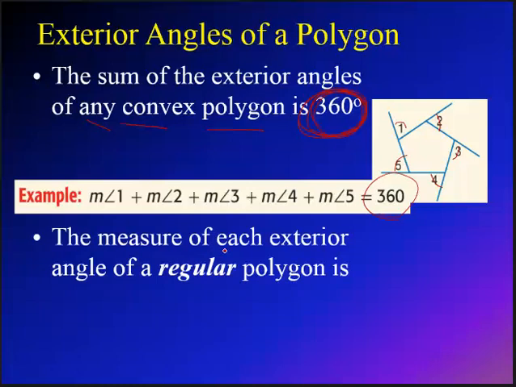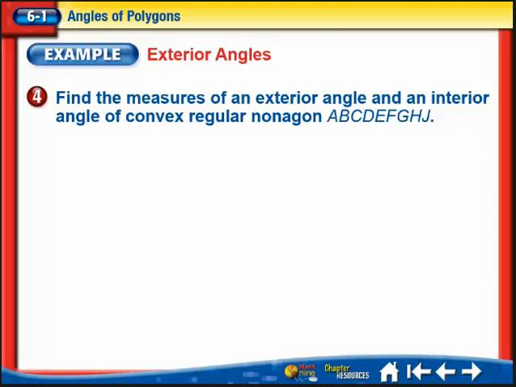Now, again, if we want to know what each one is, we're just going to divide by the number of sides. Remember, this is number of sides, or you could say number of angles, because they're the same. Okay, so let's do some examples.